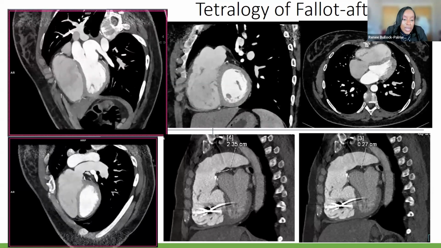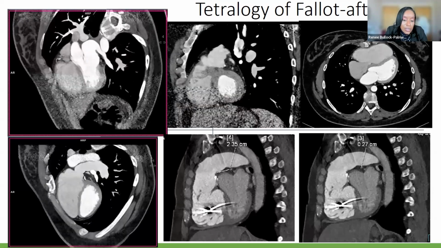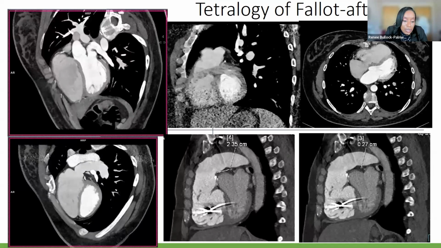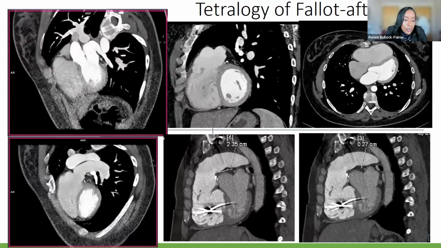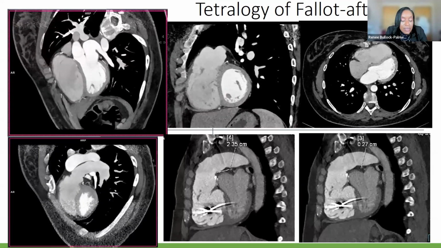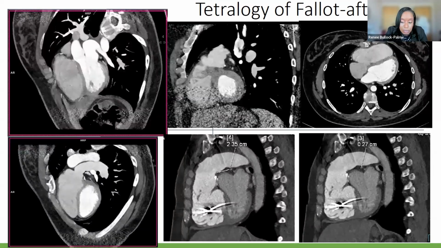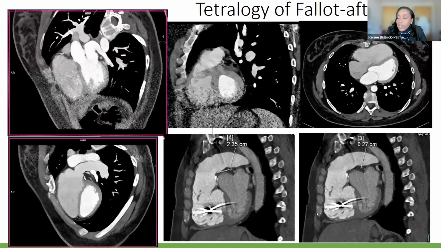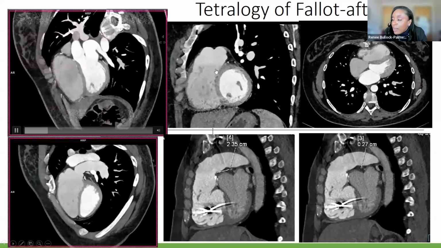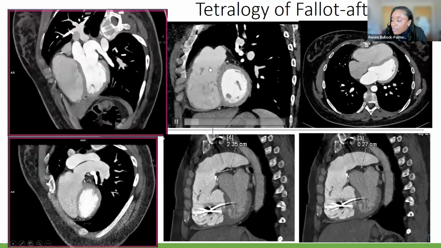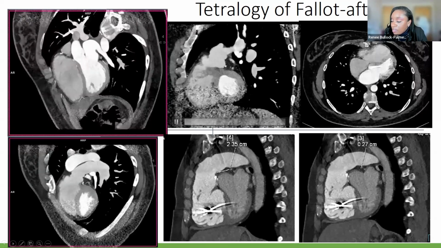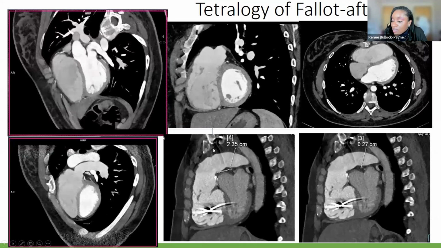And so we do quite a few of these CT studies here to look at the dimensions of that RVOT, the length of that RVOT, the relationship to the coronaries is very important, and also the relationship to the sternum. So these are some of the things that we look for in these cases. And in this patient, you can see the RVOT is very, very large. The right ventricle is dilated, and there is pulmonary valve insufficiency as well.